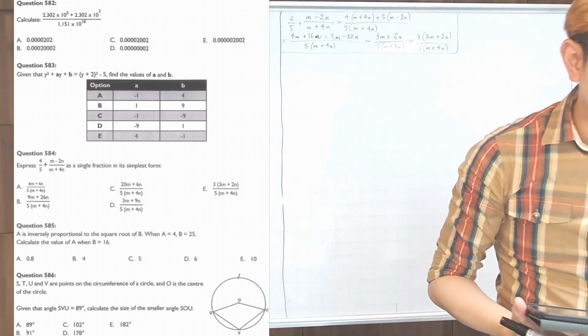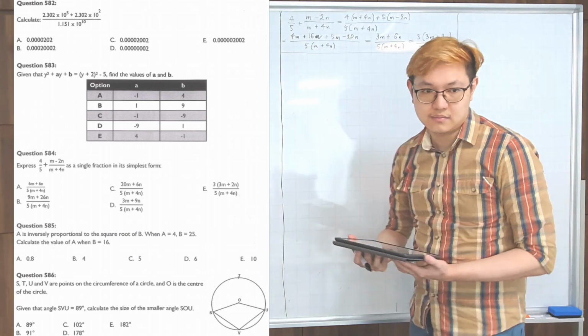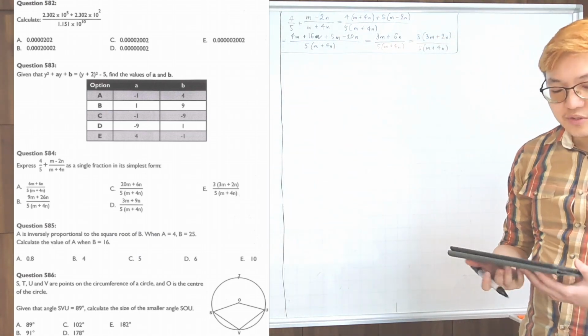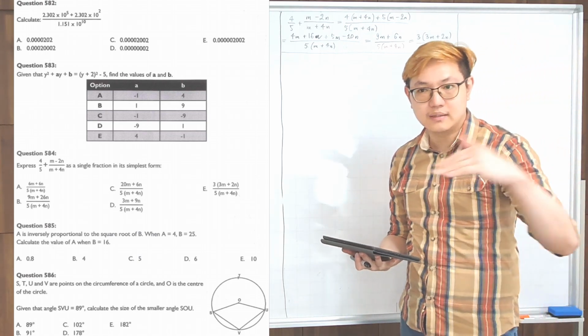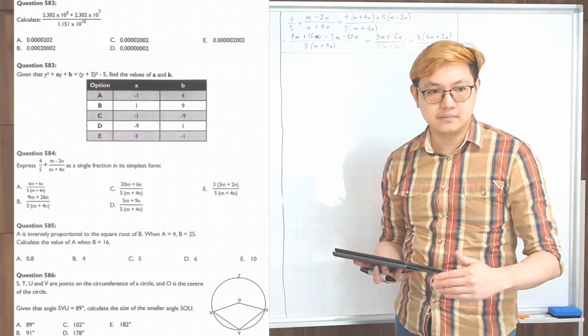A is inversely, remember, reverse, right? Đảo chiều, reverse. So inversely proportional means tỷ lệ nghịch. Inversely proportional means like one thing increase, another thing decrease. They go in the opposite direction, đi hướng ngược nhau.